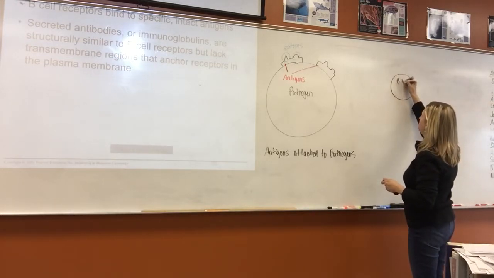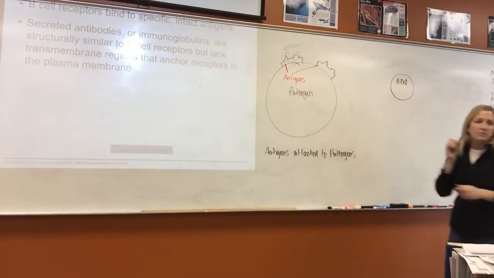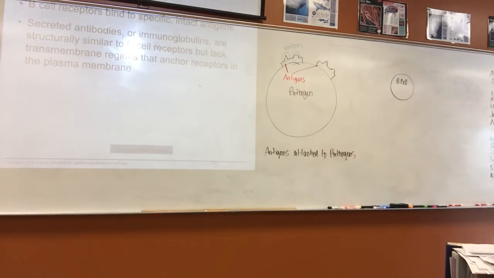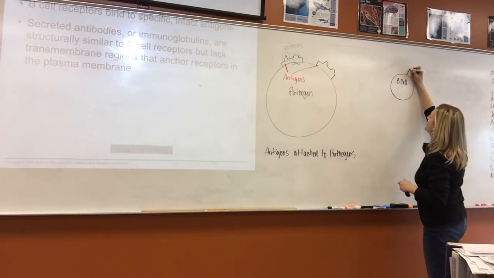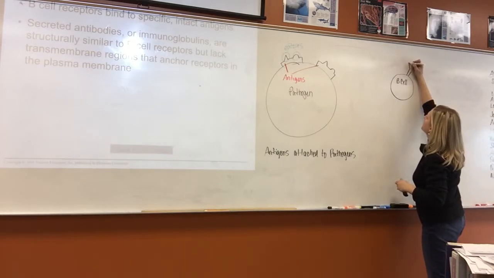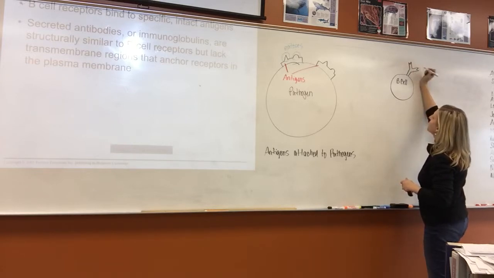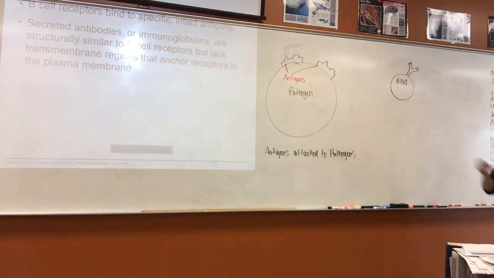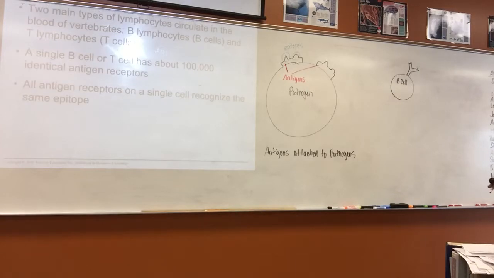Here's a B cell. Protruding off of it are these antigen receptors, and this is the shape that the antigen receptors have. It's kind of Y-shaped here. And we just wrote that it has about 100,000 identical antigen receptors.